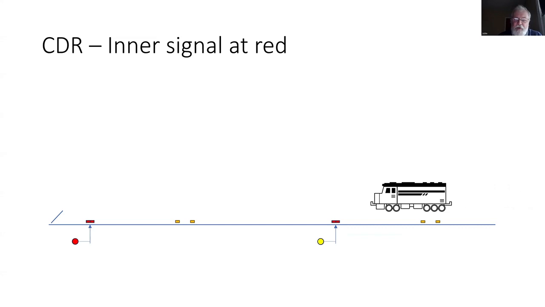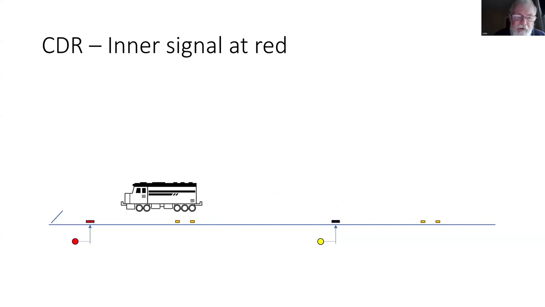Using train detection, the train can be detected having passed that loop, allowing the outer signal to clear to yellow and disabling the TSS at that signal. So our train can now proceed to the inner signal and it will be monitored by the OSS for that inner signal. And if it does SPAD, then the TSS at the inner signal would operate.